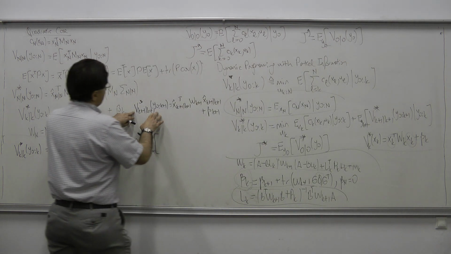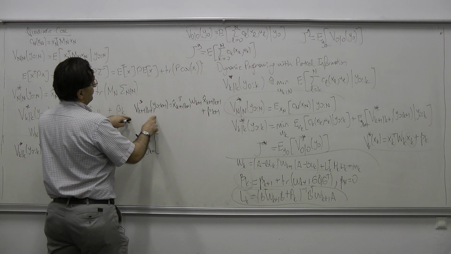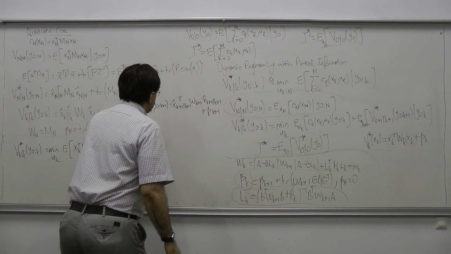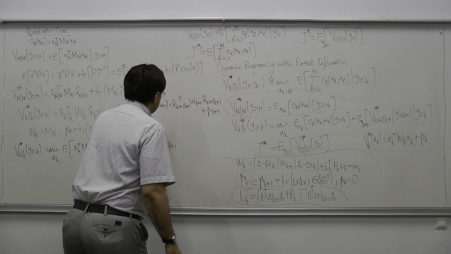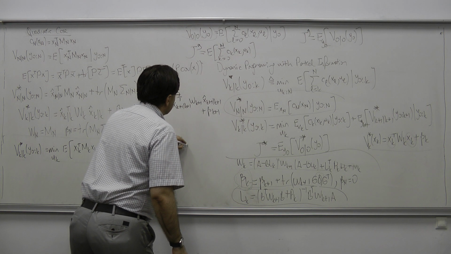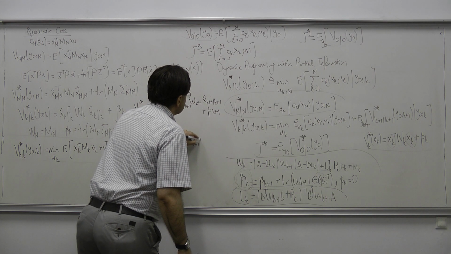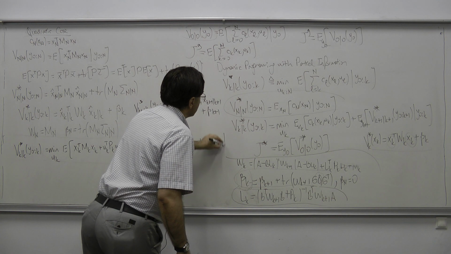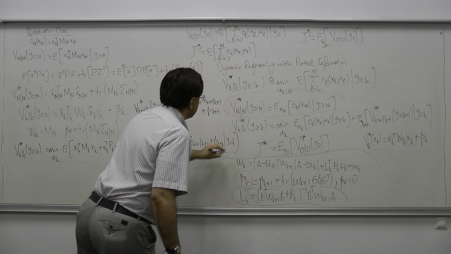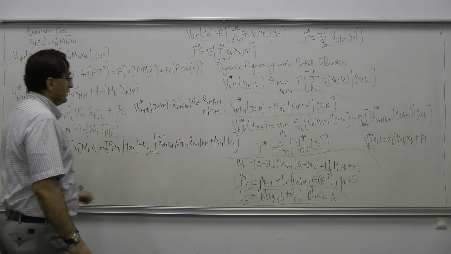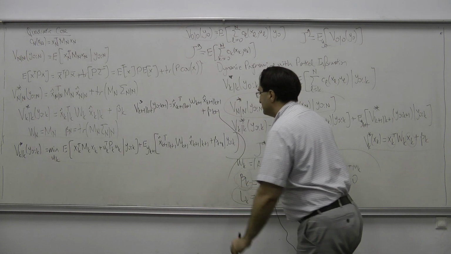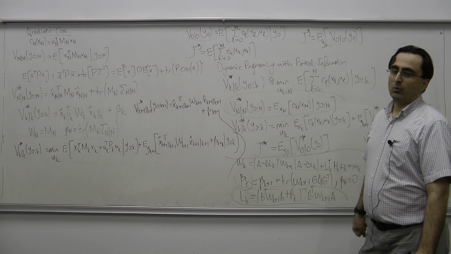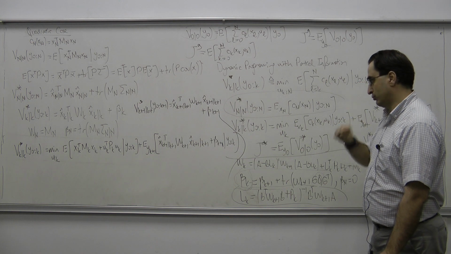But this Vk plus 1 given k plus 1 star is already given to us like this. Okay? x hat k plus 1 given k plus 1 transpose Wk plus 1 x hat k plus 1 given k plus 1 plus beta k plus 1, and I need to take the expected value of this thing given y0k. Okay? So this really looks challenging, probably the most challenging problem that we are going to solve in this course.